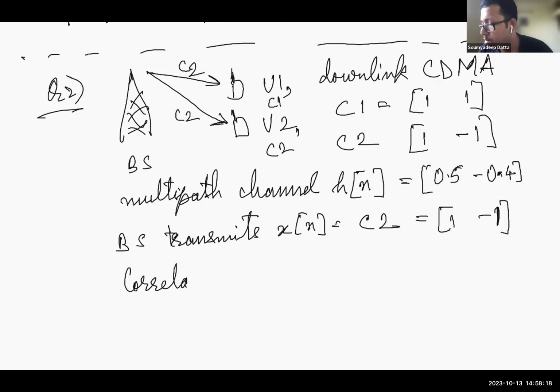And you are told that the length of the spreading sequence is 64 in CDMA, and this interference to noise power ratio is 6 dB.